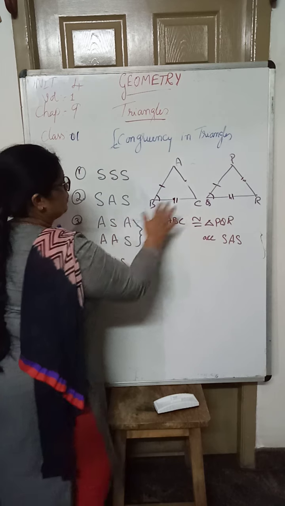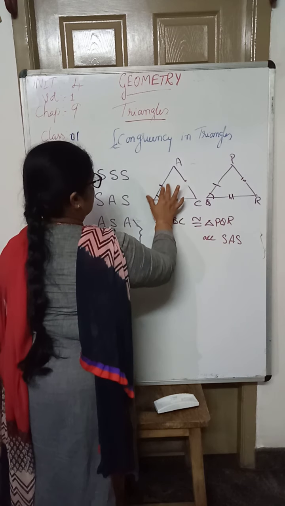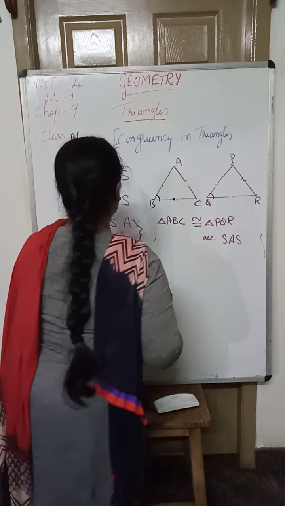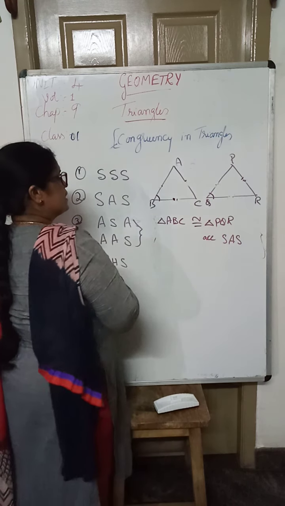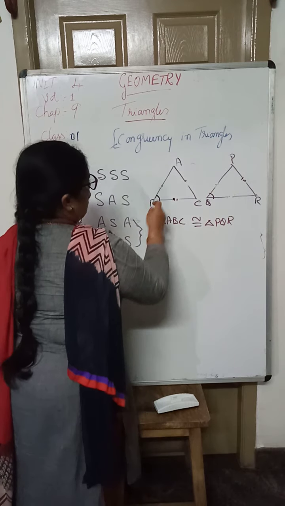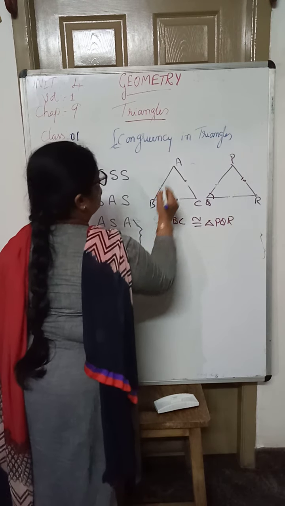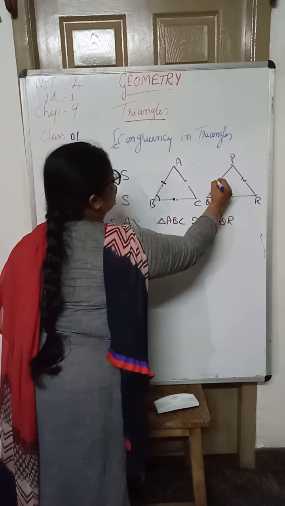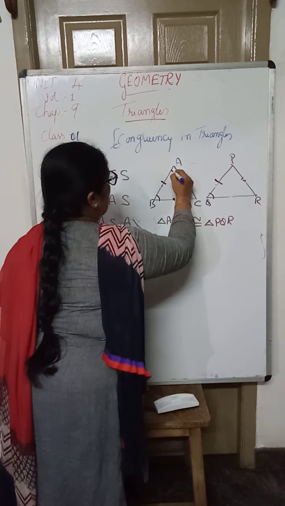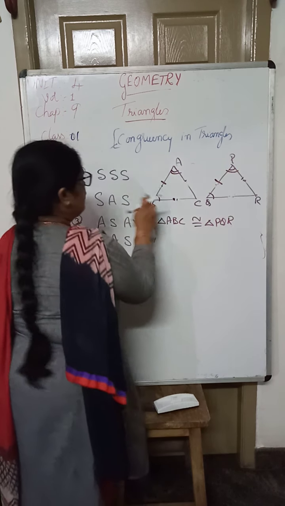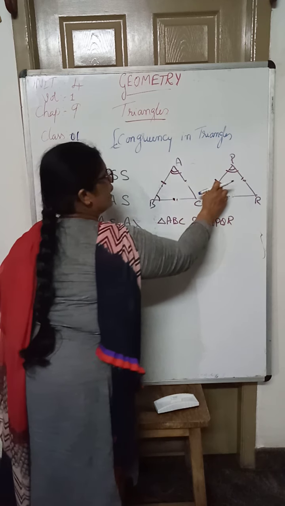Next comes ASA. How ASA gives you congruency: if angle B is equal to angle Q and AB is equal to QP and angle A is equal to angle P, then it is said to be ASA.